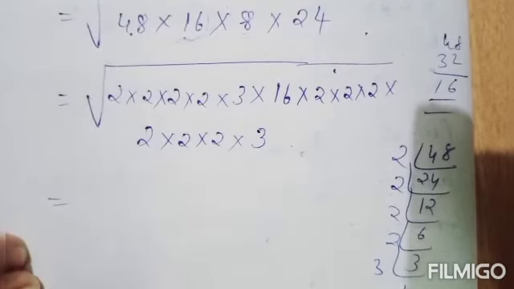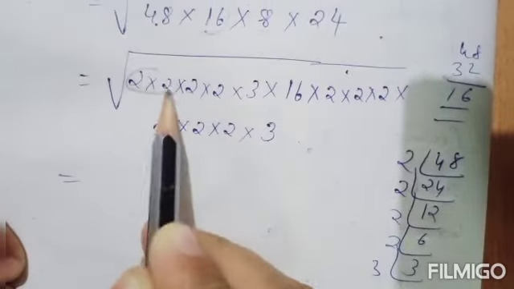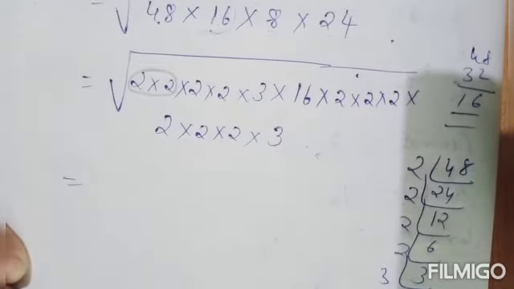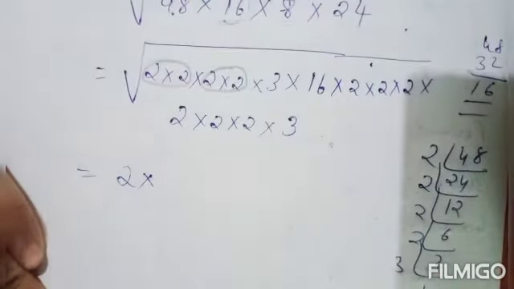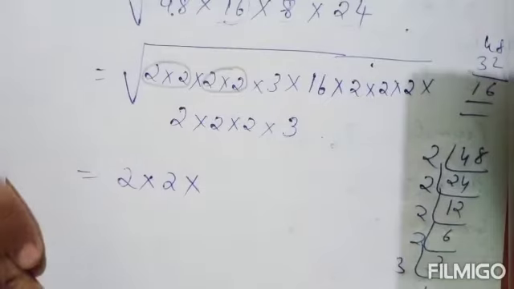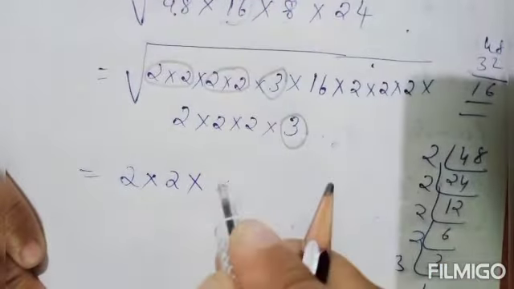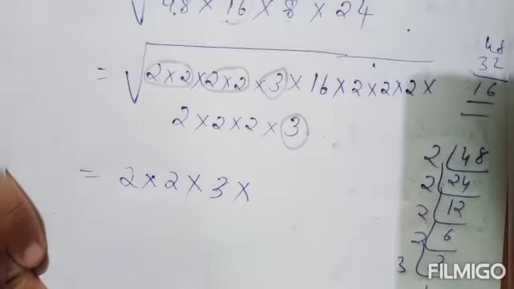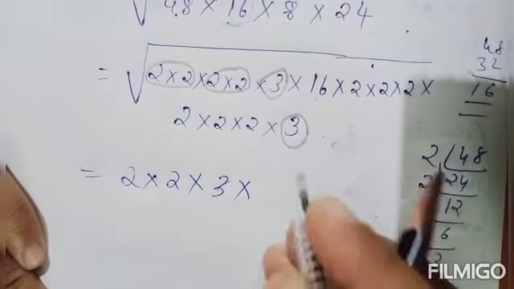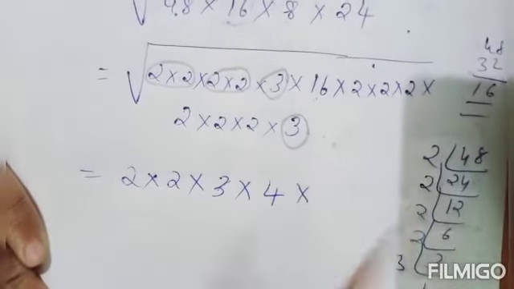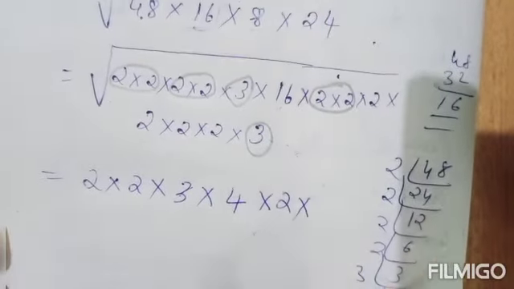Now we can pair. You can pair these two 2's and write one 2 outside. Next these two 2's, that also one time you can write. For this 3, there is no pair, so it stays inside. The root of 16 is 4. Now these two 2's you can pair, so one time write outside.